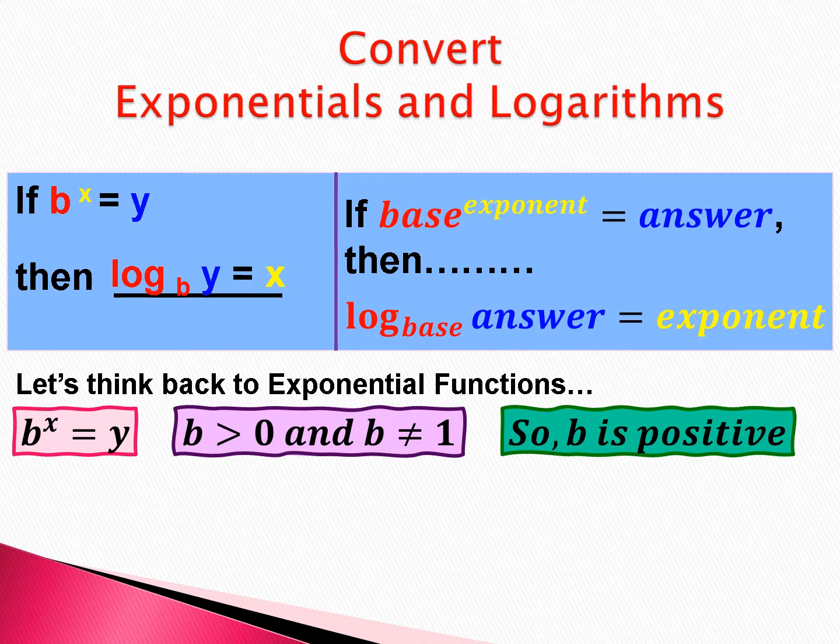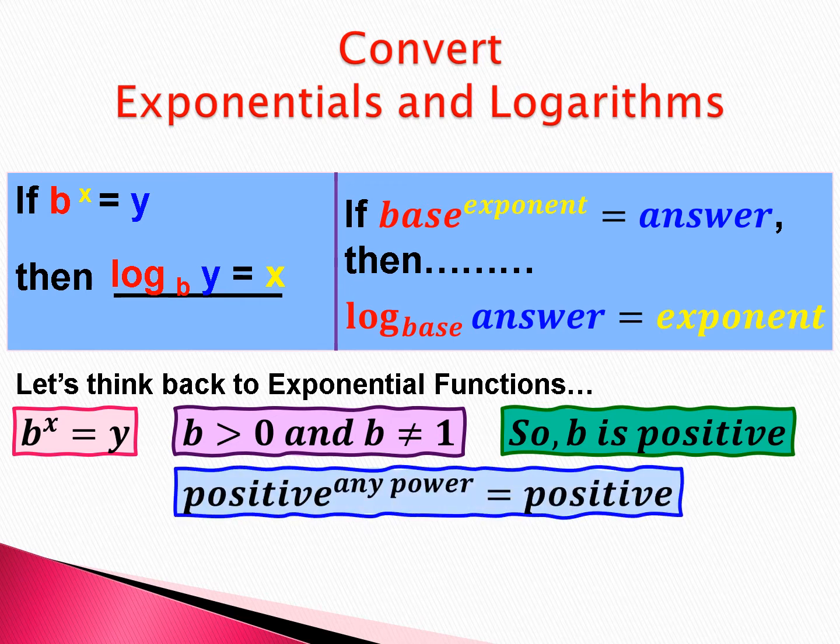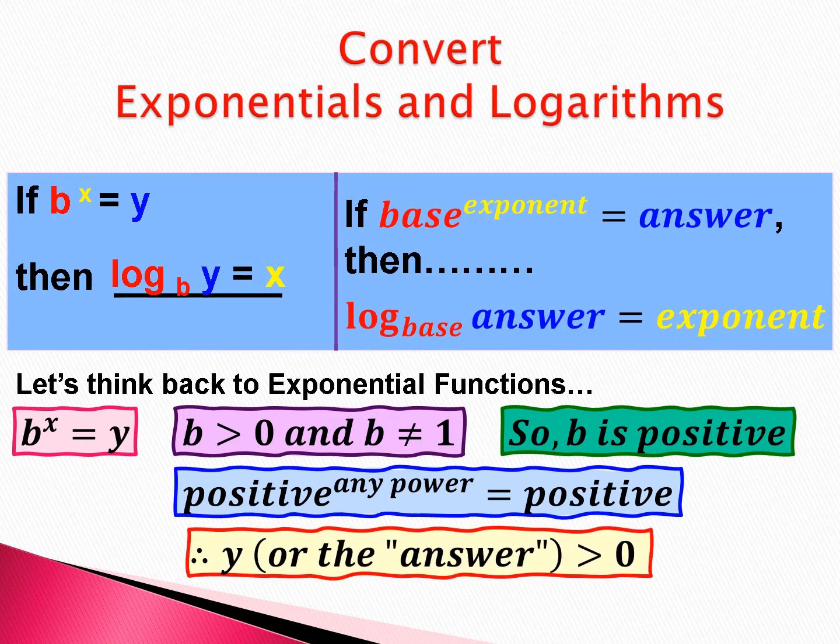So when you change it to a logarithm, for the little subscript you cannot use a negative number. Your base will always be positive. Positive to any power is always going to be a positive answer. If I take any positive number and raise it to any power, my result will always be positive. Therefore, in terms of the logarithm, the y or the answer must always be greater than 0.